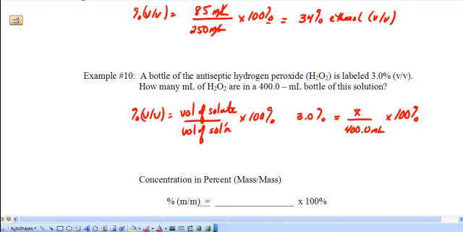Since we have two X's here, let me just go ahead and switch this to volume of peroxide. There we go. And now we just simply need to solve for the volume of the peroxide. So we're going to divide both sides by 100%, of course, the percent signs cancel out, and then these two 100% divide out. We're going to multiply by 400 milliliters on both sides.